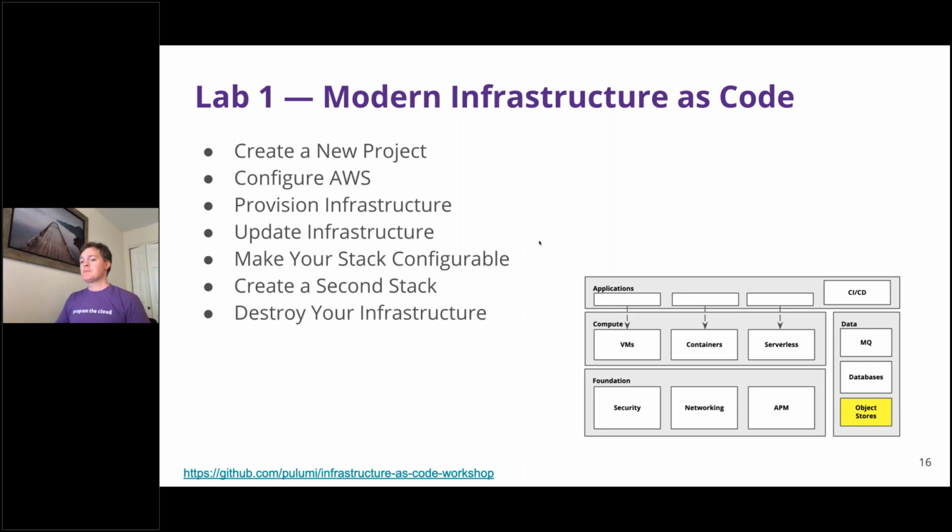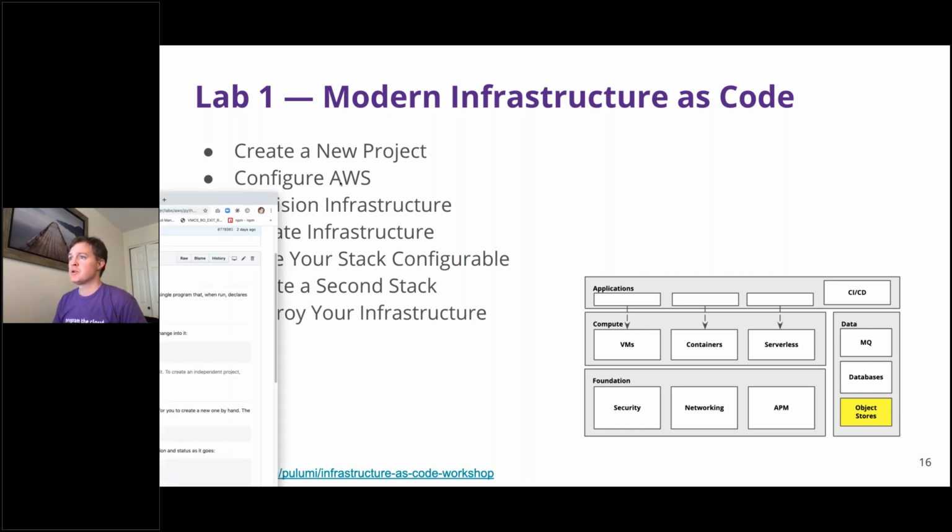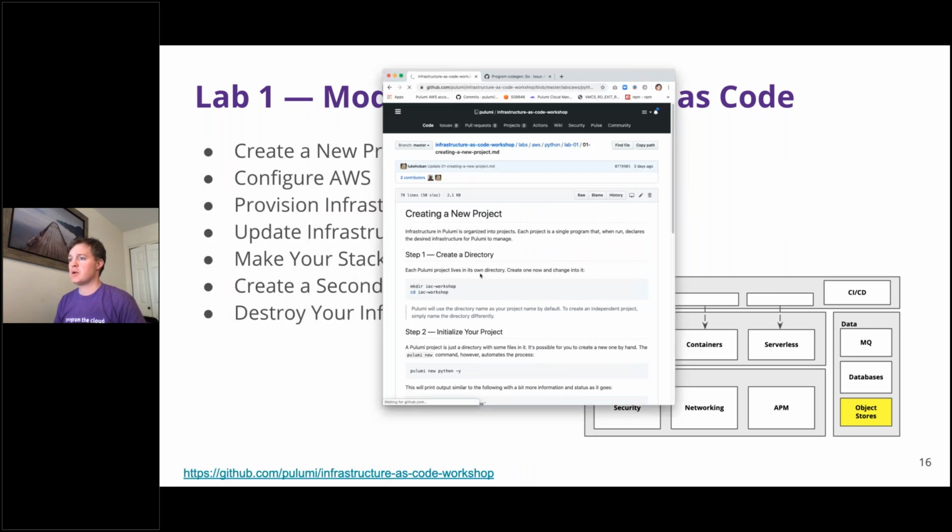Great. Okay, so for folks following along, you can just search for the Pulumi Infrastructure as Code workshop. It's up on GitHub. I'll bring it up as well here. So this is the workshop content right here.